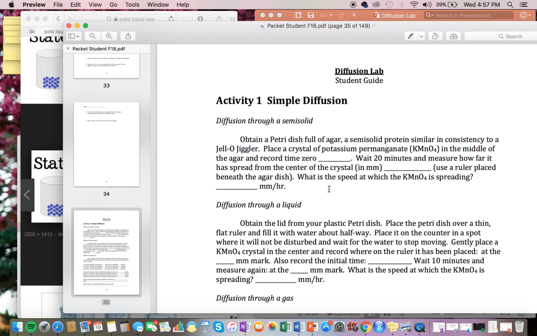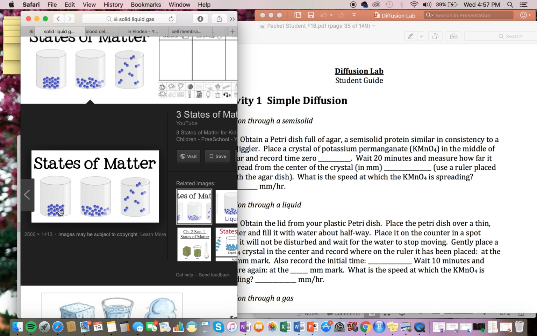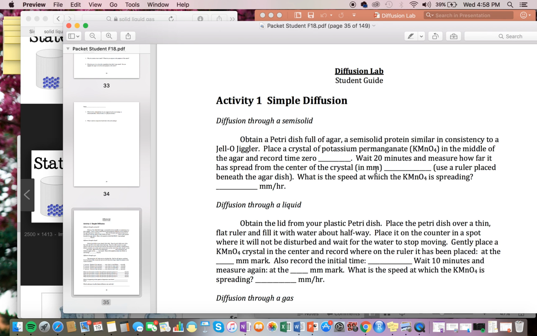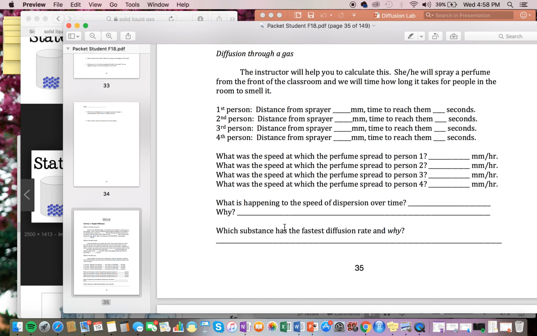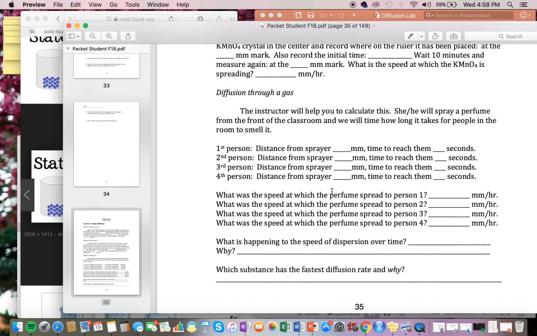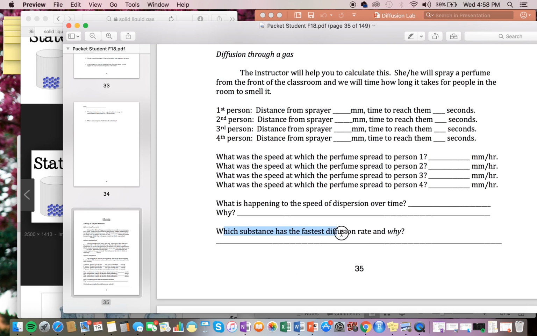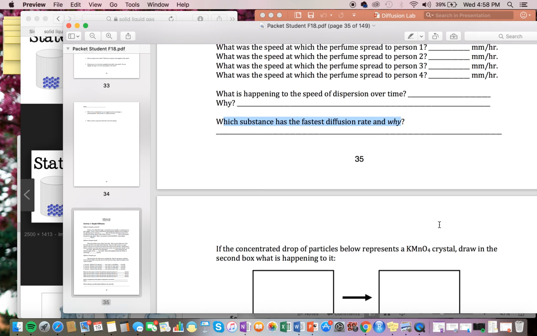So this would have been the slowest, and that's because there's really not very much room to move. So your KMnO4 crystal molecules had a hard time maneuvering through this matrix here. And so that's the reason why it's so slow to diffuse. And that's why these substances each have different diffusion rates.